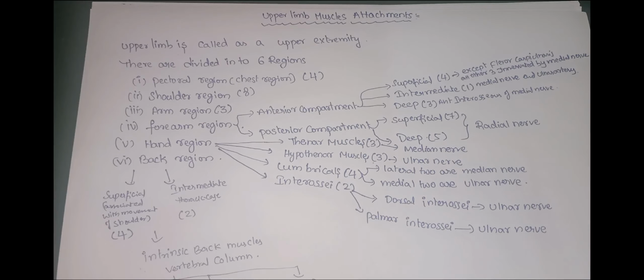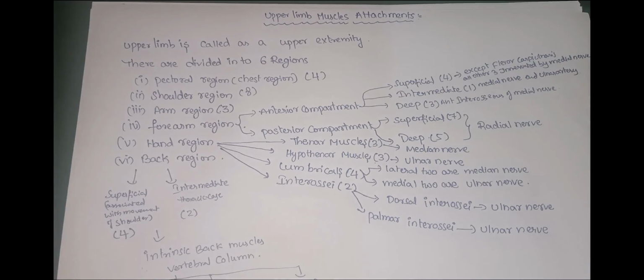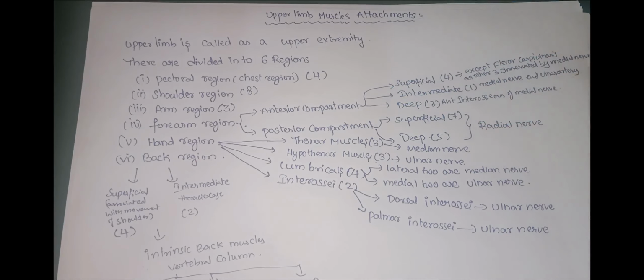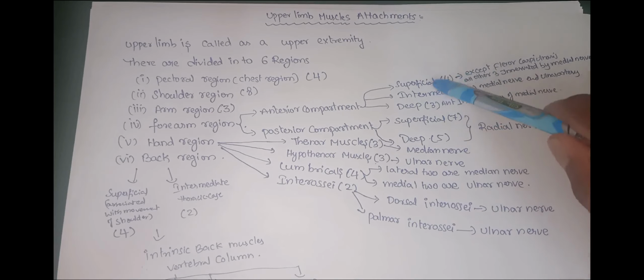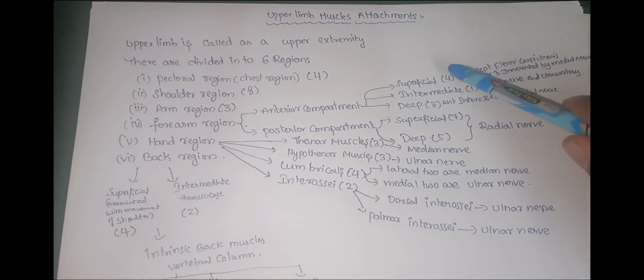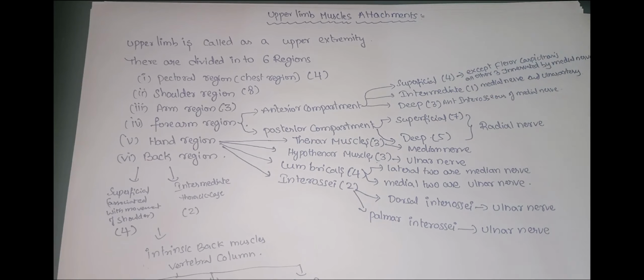The anterior compartment is subdivided into 3 groups. The first one is the superficial group, the next one is the intermediate group, and the third one is the deep group.